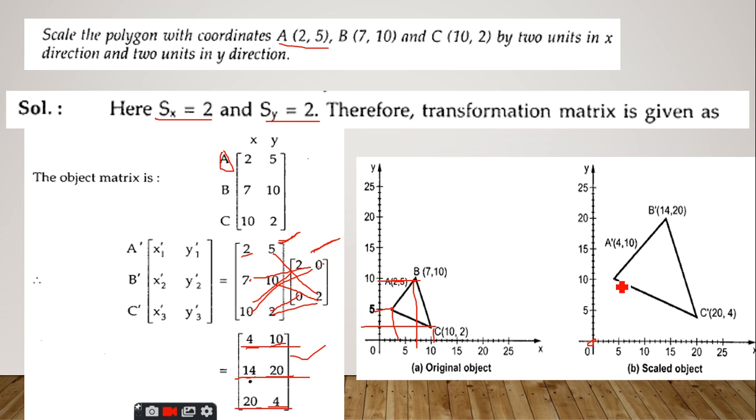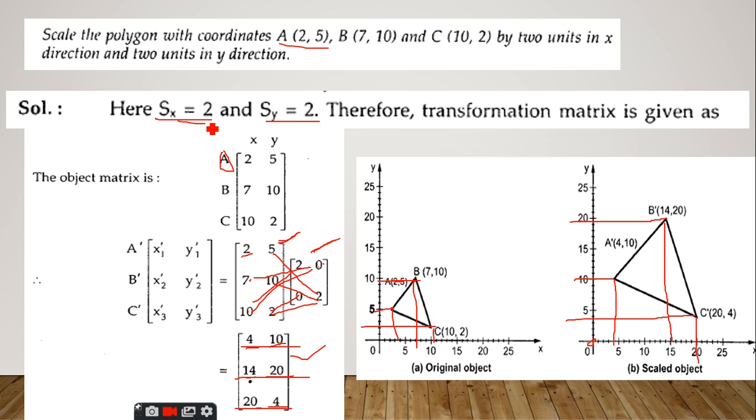Now the point A is X is 4, then Y is 10, then for this 14 is X, 20 is Y, then the third position is X is 20 and Y is 4, because see that here 2 and 2 multiply with these: 2 into 2 is 4, 5 into 2 is 10, then 2 into 7 is 14, 2 into 10 is 20, then 2 into 10, and 2 into 2 is 4.